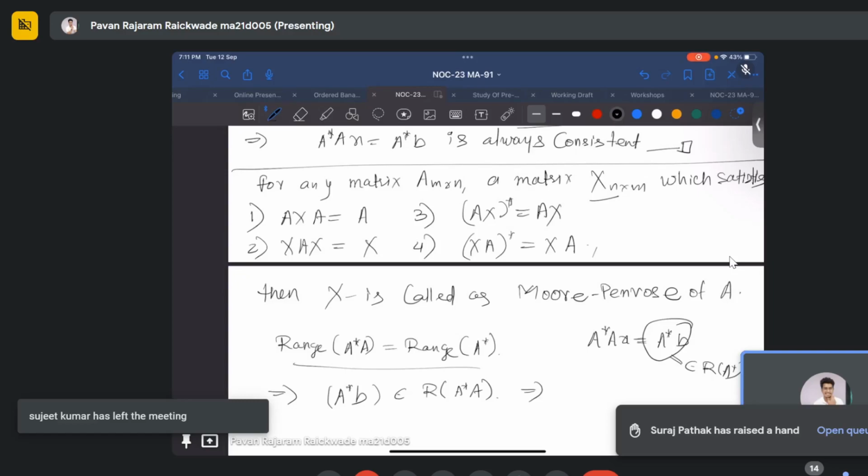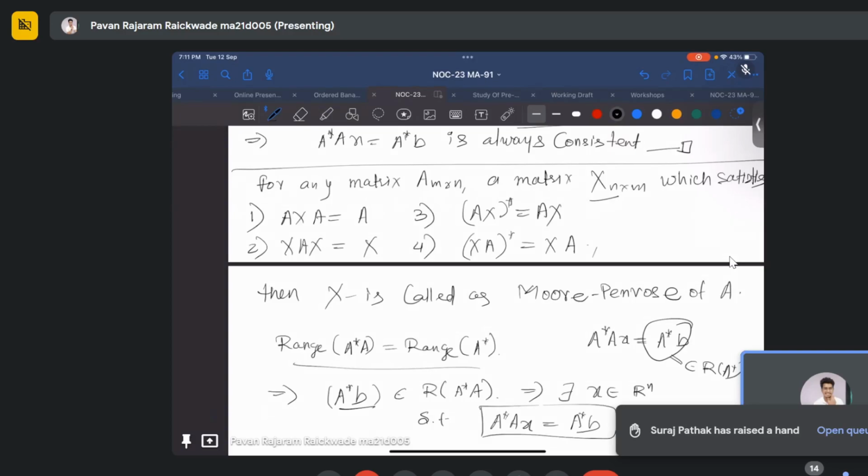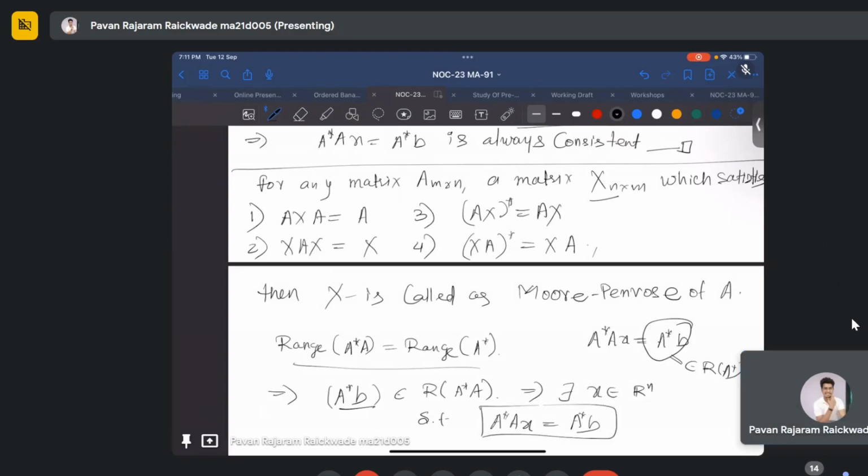Now, what is the meaning of an element belonging to the range of A star A? That means there exists some x belonging to the domain R n such that A star A x equals this element, which is A star B. And that is what is meant by the system being consistent. Okay, sir. Got it, sir.